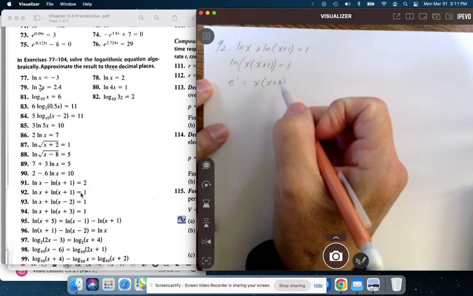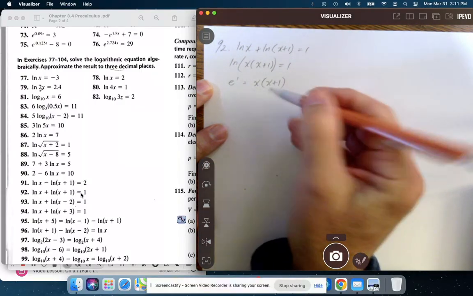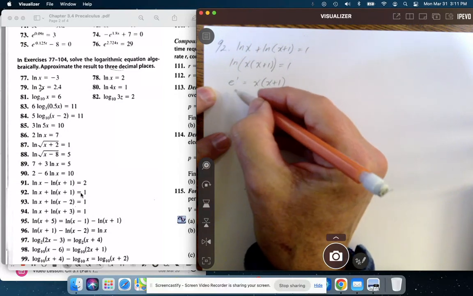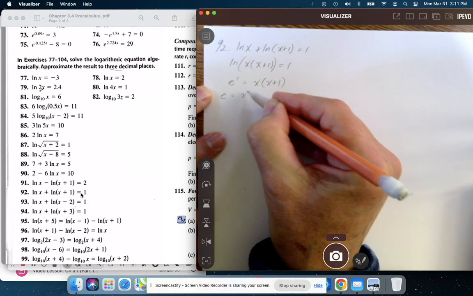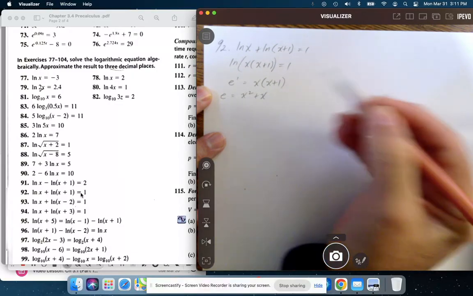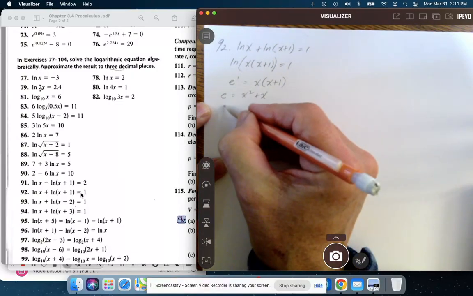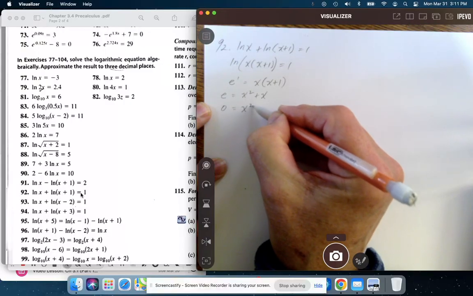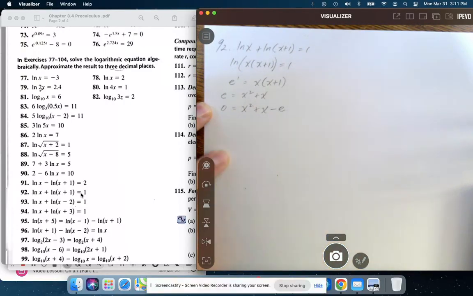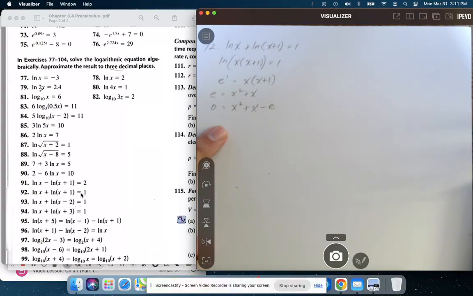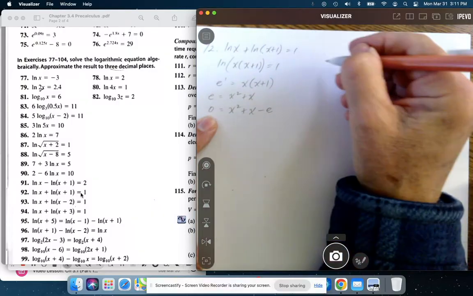And this is quadratic, isn't it? So this is e equals x squared plus x. I'll bring that e over, so now I have 0 equals x squared plus x minus e. Quadratic formula, right?